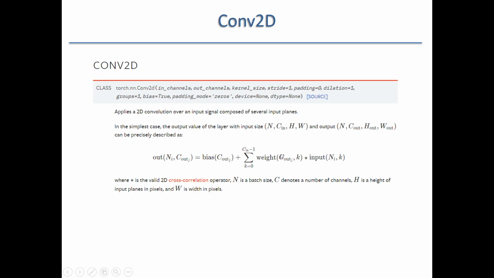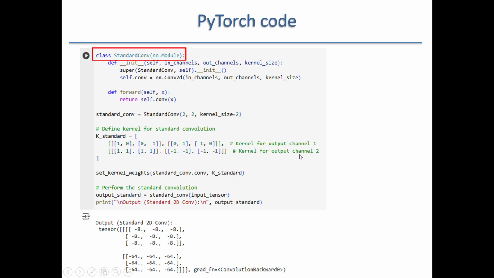So we saw it here. The kernel K is using the weight, so the channel K is using the kernel K. So we have to define what is the kernel for output channel 1, and what is the kernel for output channel 2.